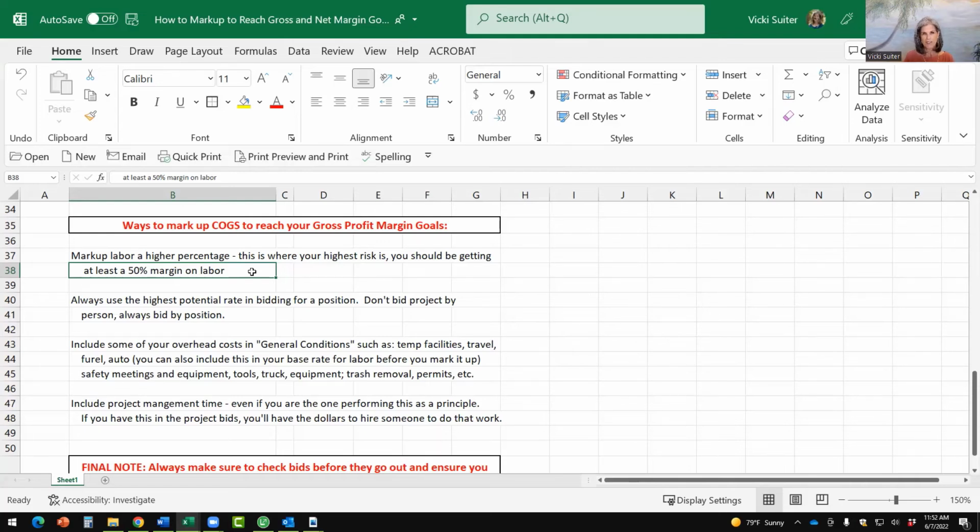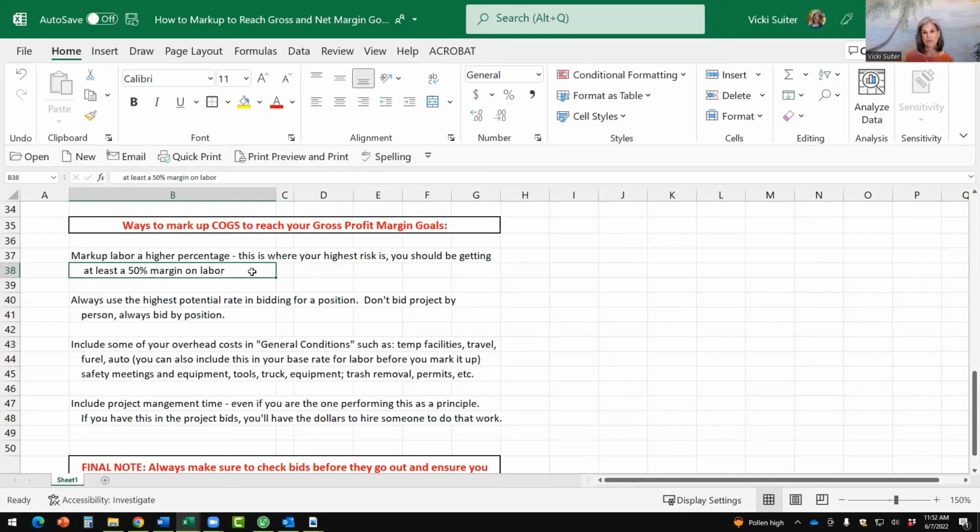Now you might be thinking to yourself, okay, well, I did that, but how am I going to calculate my gross profit margin on the job before the bid goes out if I've included some of those overhead costs in my base bid costs? That's an important question to ask. And that's part of setting up your estimating system or your bidding system.